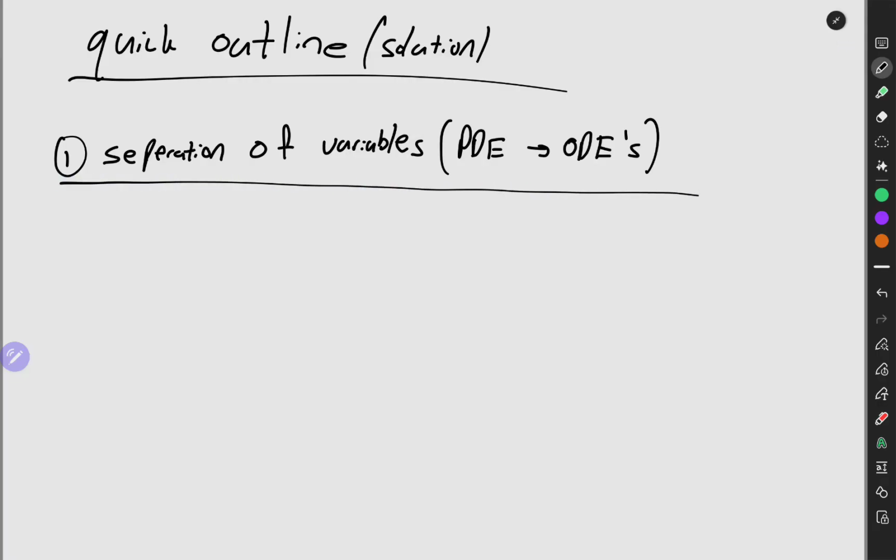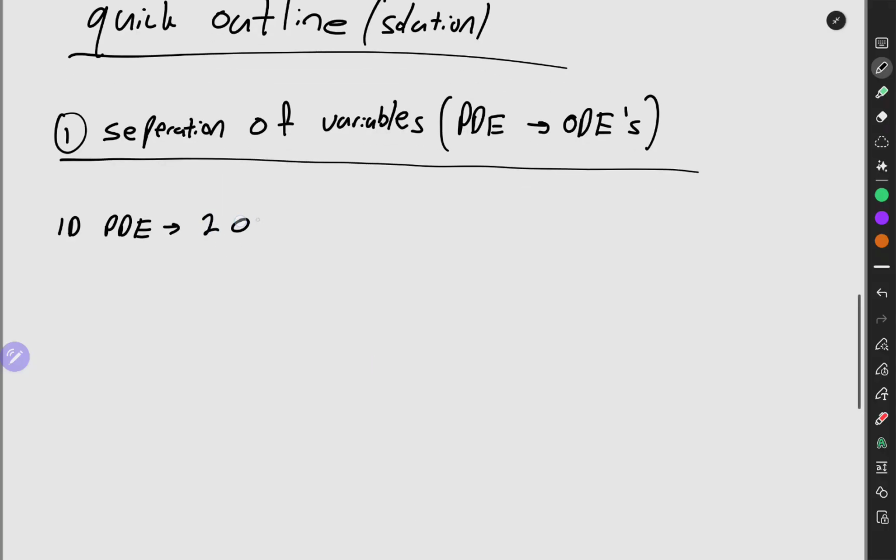Okay, so for example, if we have a 1D PDE, that would result in two ODEs, typically. A 2D PDE would result in two ODEs as well, typically, as you will see later on.